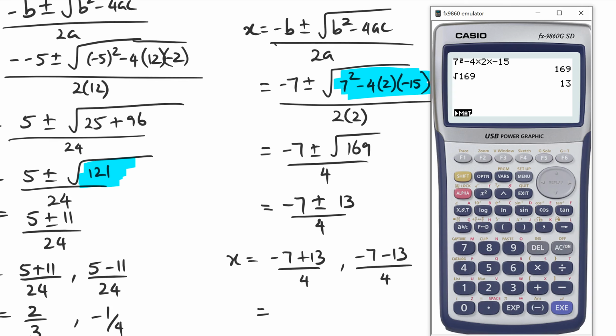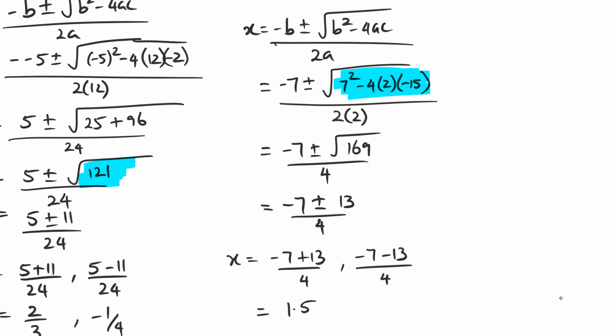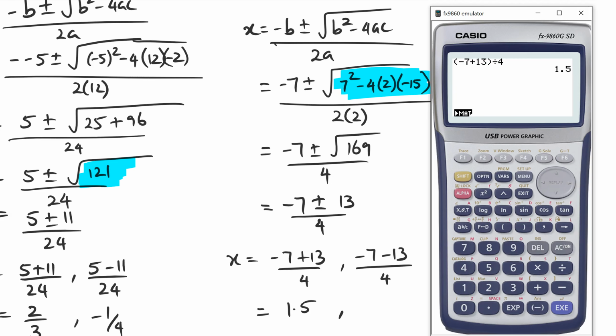And again, you guys can just use your calculator for this if you're not too confident. Negative 7 plus 13 over 4 is 1.5. And your second answer, let's go back and change that plus to a minus, and you got negative 5 as your second answer.